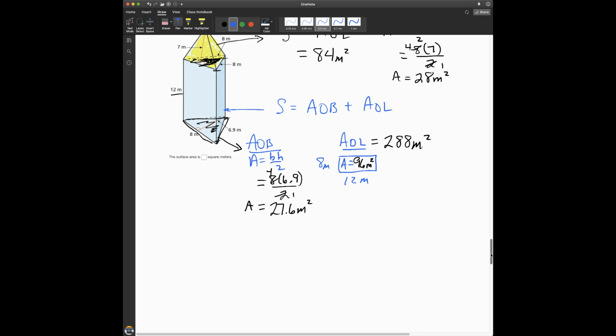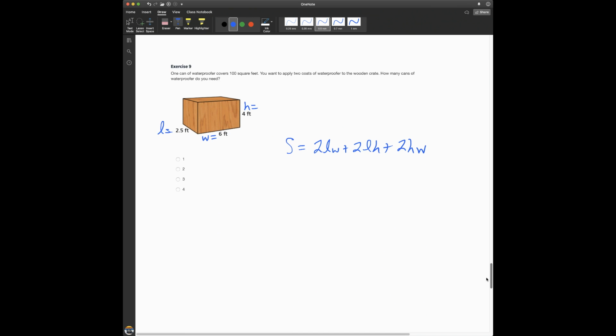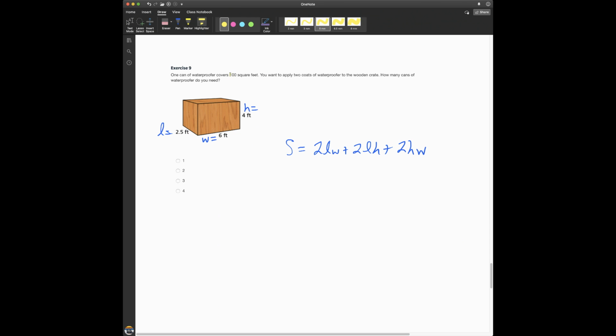And let's look at number 9. So for number 9, it says 1 can of waterproofer covers 100 square feet. You want to apply 2 coats. So 2 coats means you need enough waterproofer.